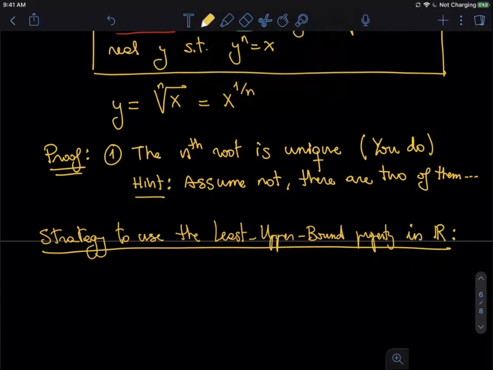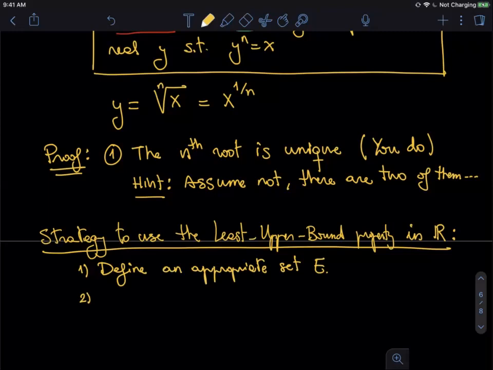So the first thing, step one. The least upper bound property in R means that for every bounded nonempty subset of R, there is a least upper bound. So first, if we want to apply that, we need to define an appropriate set E, some set E that is convenient, typically a set E of the numbers that satisfy whatever property we want.